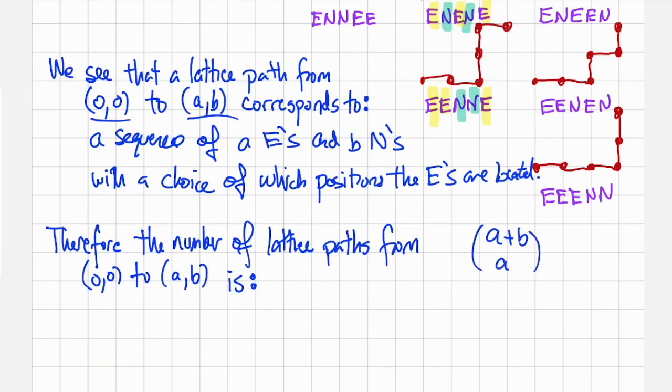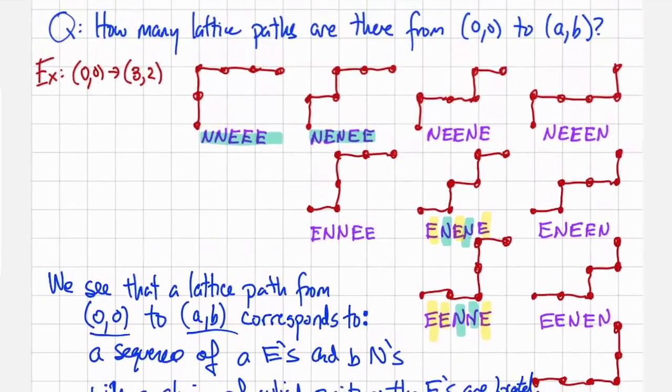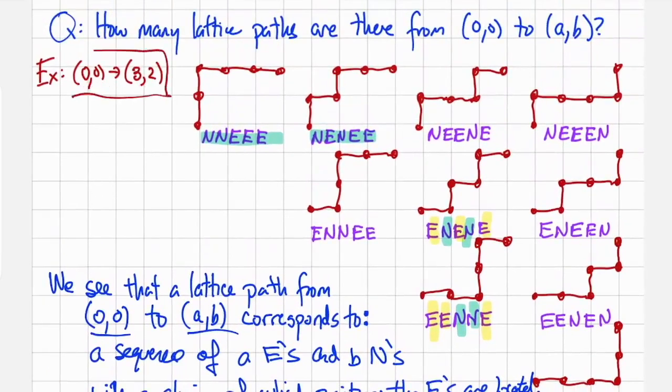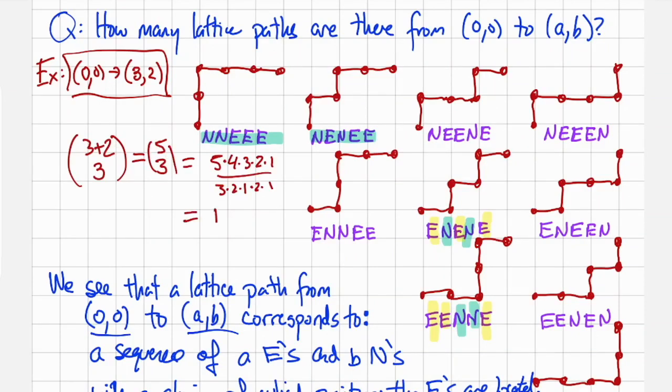This means if we're computing the number of lattice paths from (0, 0) to (a, b), we're choosing the positions of the a plus b total letters to be E's, which is counted in a plus b choose a ways. In this example above, we have from (0, 0) to (3, 2), so the total number of paths should be 3 plus 2 choose 3. This is 5 choose 3, which is again equal to 10.